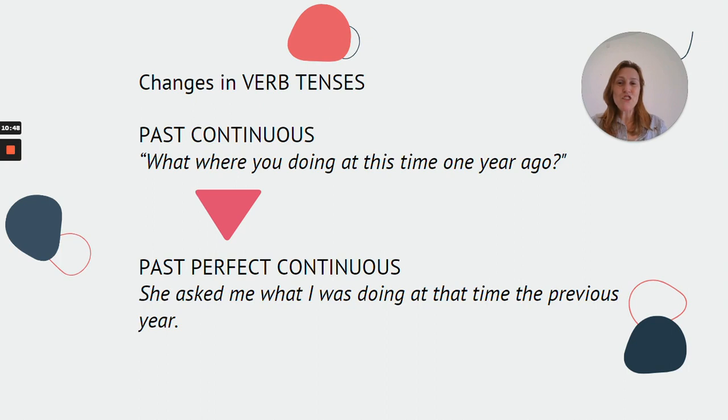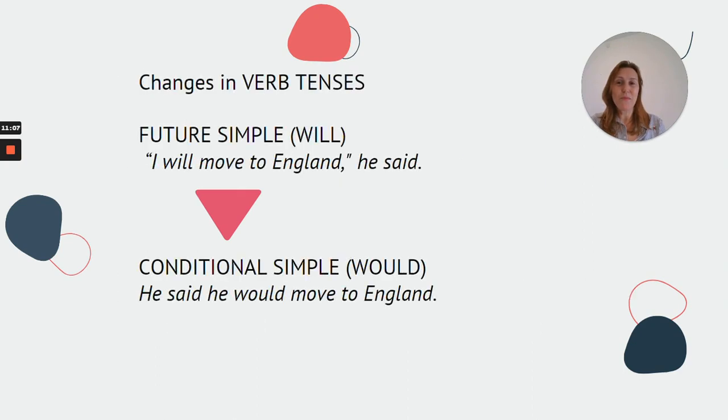Past continuous changes into past perfect continuous. "What were you doing at this time one year ago?" So this is getting more complicated. She asked me what I was doing at that time the previous year. For the future simple, "I will move to England."